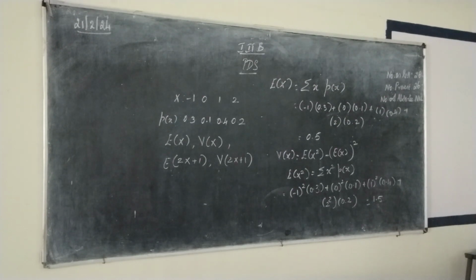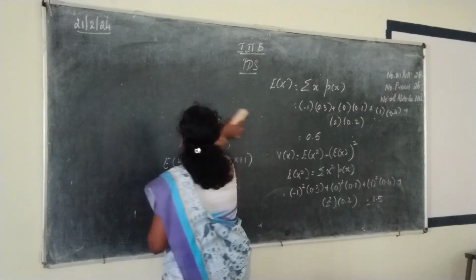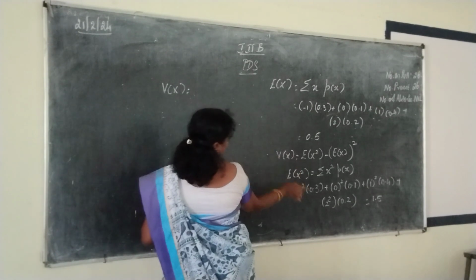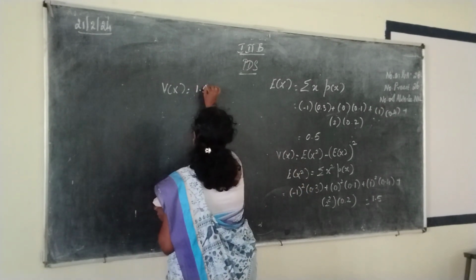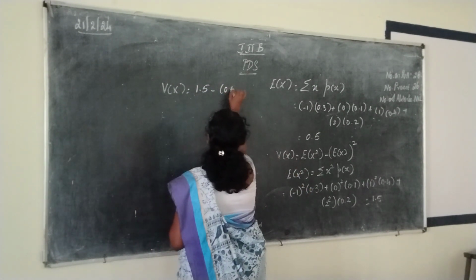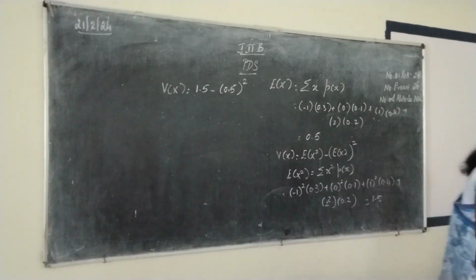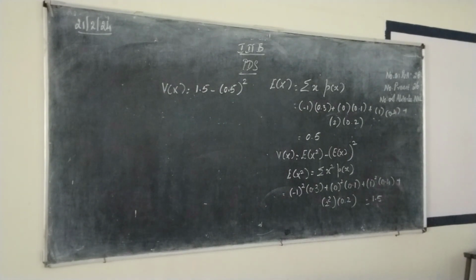Now substitute and find variance. Hence variance of x is equal to E of x square value 1.5 minus E of x 0.5 the whole square. 1.5 minus 0.5 the whole square. 1.25.